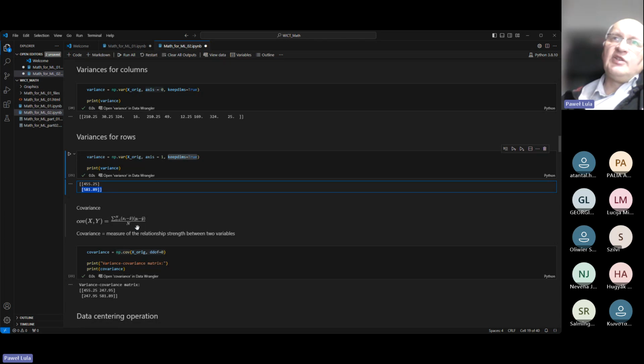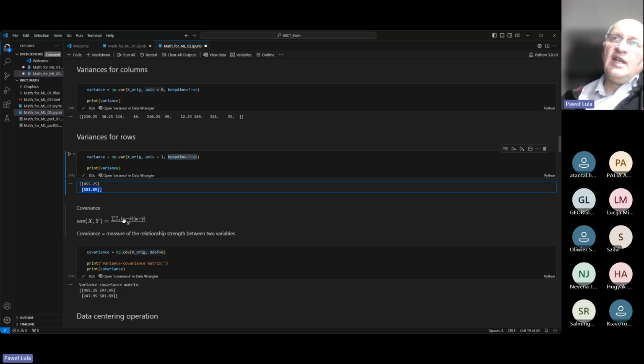Also, I calculated covariances. Covariances are calculated in this way. Covariance value describes the relationships between values of two variables. It is the formula here.